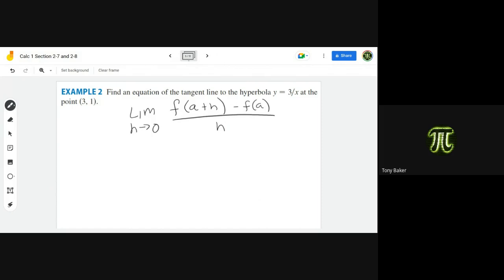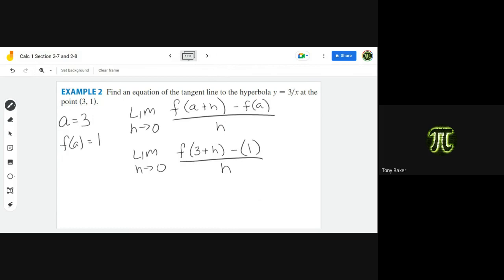In this problem, since we're looking at the point (3, 1), a is 3, and f of a is 1.